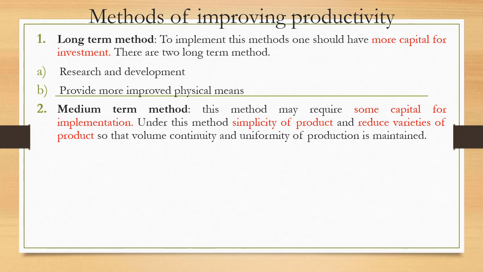If we are working on job order production method, then we are going to develop only one product for the overall system. We are not going to produce varieties of product. Instead, we are going to focus only on one product. So volume quantity will be increased because we are focusing only on one product, and uniformity of production is also maintained under the medium-term method.